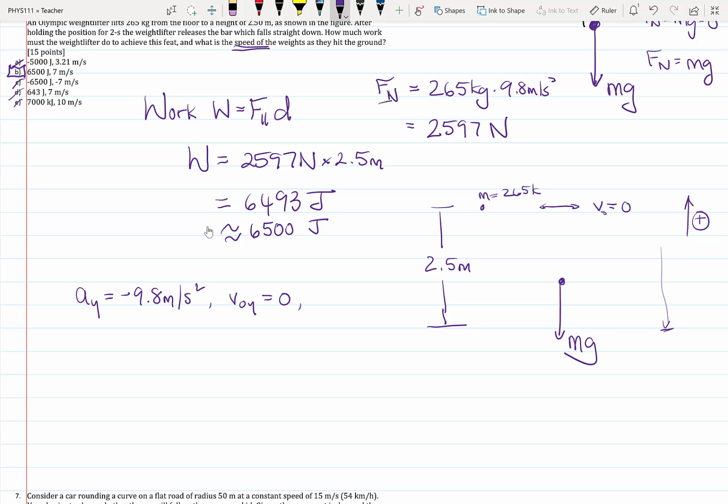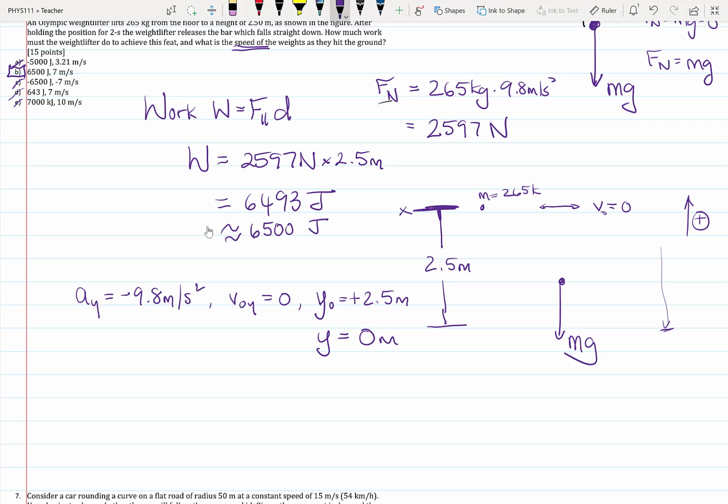We have our initial position. We'll call this y0. We're starting in this second part of the problem at this point. That's plus 2.5 meters. And where do we end? We're going to end right on the ground at 0 meters.